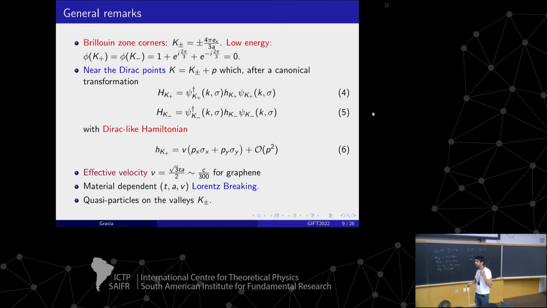We can do a canonical transformation in this Hamiltonian and obtain equation 6 for both of these excitations. It resembles the Dirac Hamiltonian in its two-dimensional representation. It's in 2 plus 1 dimensions, where we have a two-dimensional representation for the Dirac equation. And this is indeed the faithful representation in this dimension, of course.